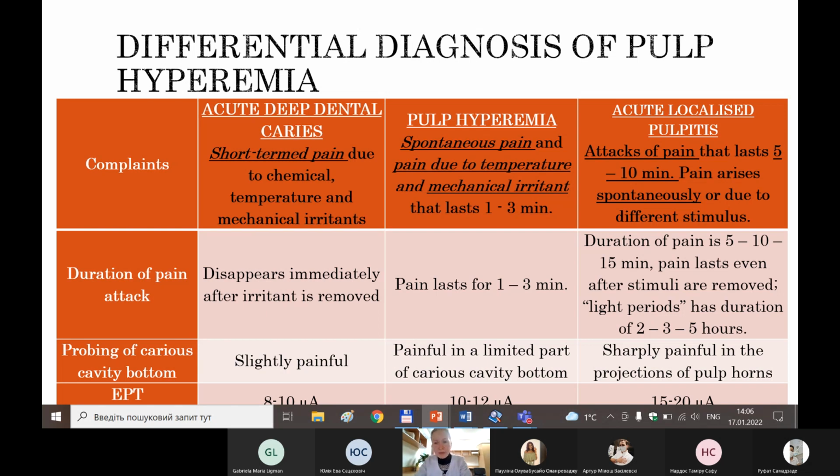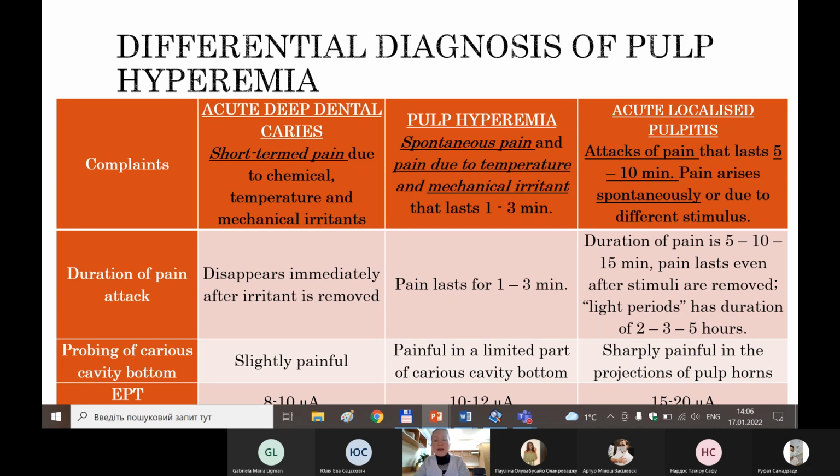In the case of pulp hyperemia, there will be spontaneous pain, and actually it is the new characteristic of pain in the case of inflammation of pulp: spontaneous pain, sharp attack, irradiation. So in the case of pulp hyperemia, there will be spontaneous pain and pain due to temperature and mechanical irritant that lasts for a few minutes, as you can see, 1 to 3 minutes.